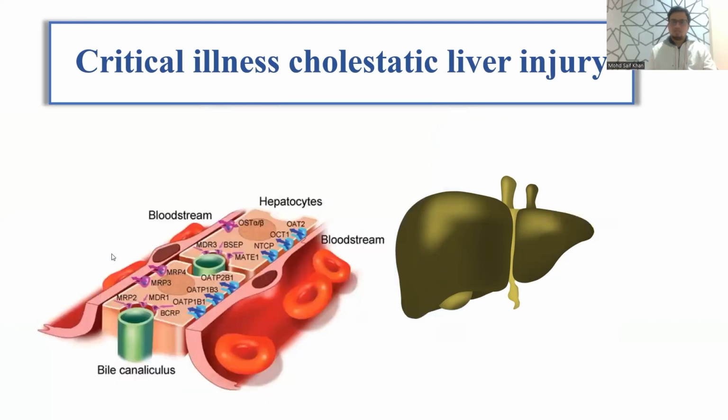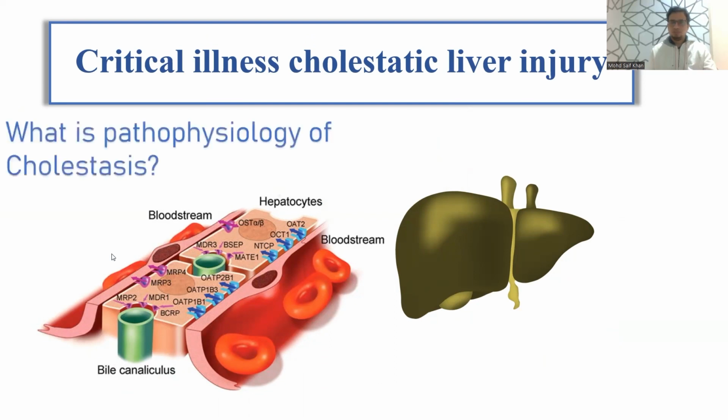Okay. Now the underlying mechanism includes hepatocellular injury leading to decreased canalicular transport and decreased clearance of conjugated bilirubin. So that is the main pathophysiology of cholestasis. There are functional alterations at the hepatocellular level, like increased intestinal permeability.